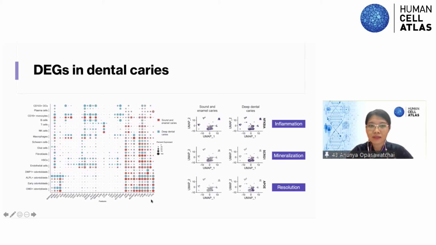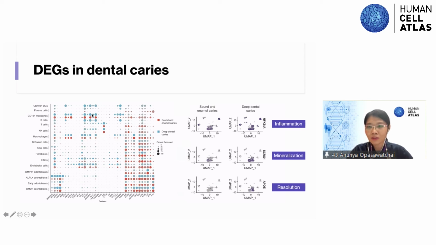The first is the genes that are associated with inflammation. We found NF-kappa B and IL-6 expression upregulated in the odontoblast cells, endothelial cells, and hematopoietic stem cells, and we found genes associated with immune cell activation in the immune cell populations.